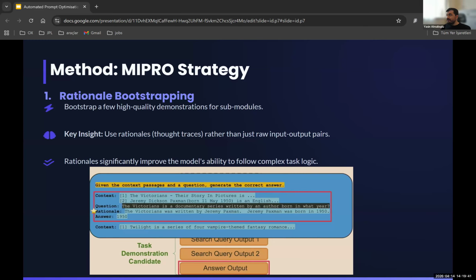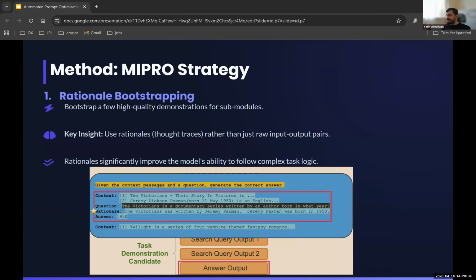Here the rationale is an intermediate latent step. It's not an output that you're going to use eventually, but some intermediate step that's going to lead us to the optimization.